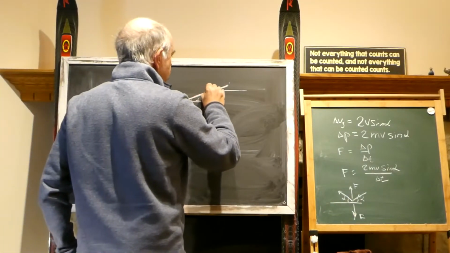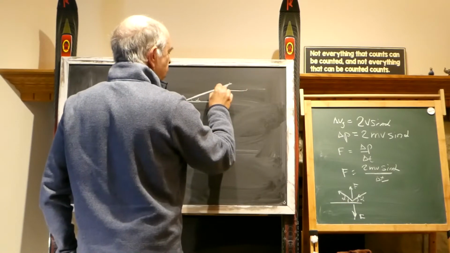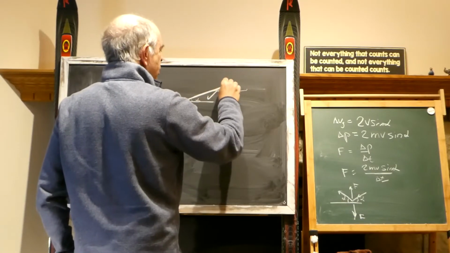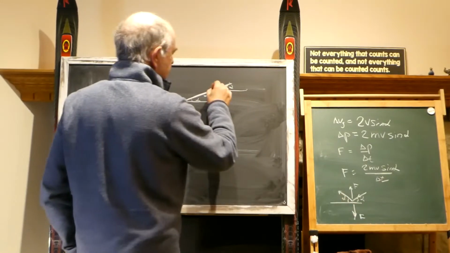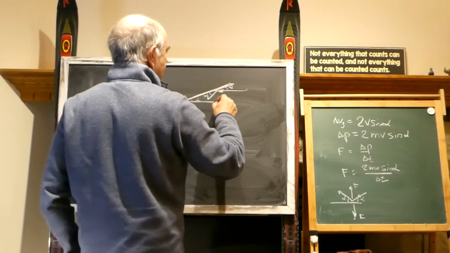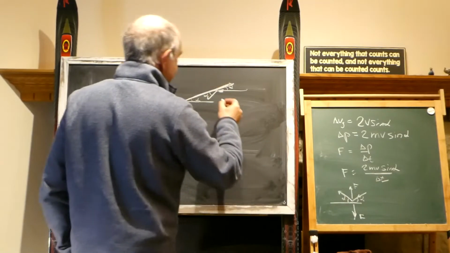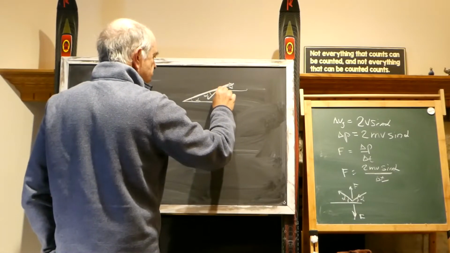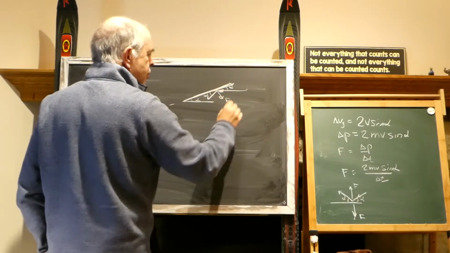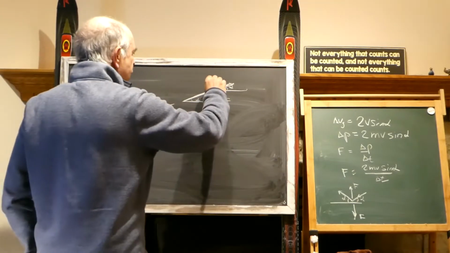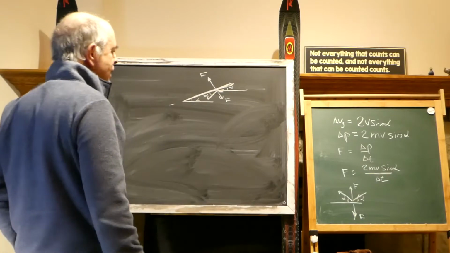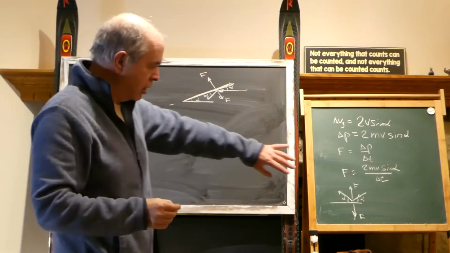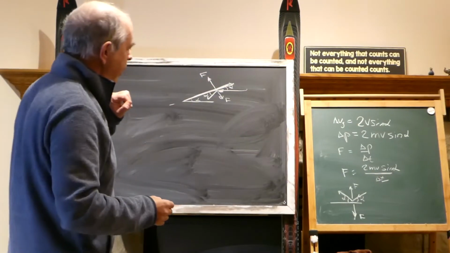So this surface and this molecule, this picture, is absolutely the same picture as this, and this is absolutely the same angle alpha as this, only the force that acts on the molecule is this way, and the force that acts up is this way. Nothing changes, but it's kind of upside down.